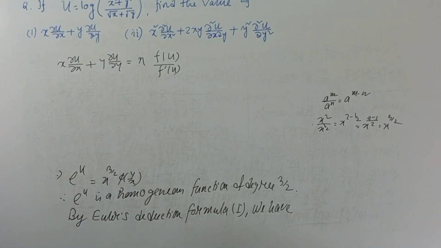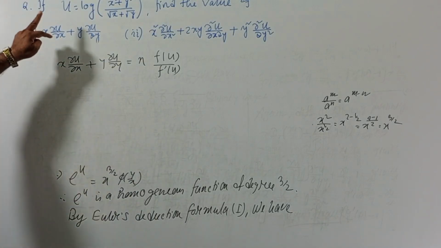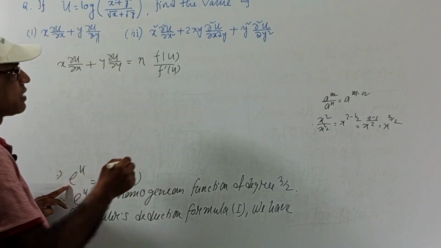These are deduction formula. And f of u means this is e to the power u.